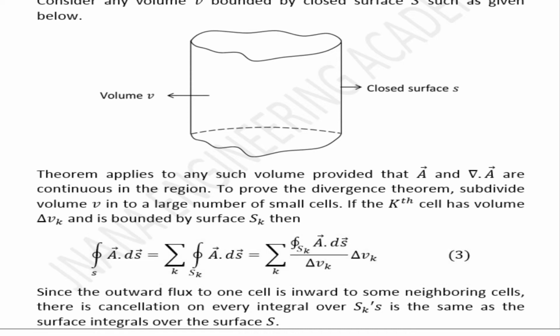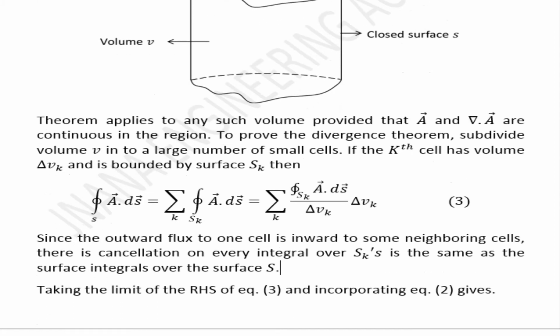As there are a large number of small cells, the outward flux from one cell will be the inward flux to another. So there will be cancellation on every integral over Sk. So that's it.